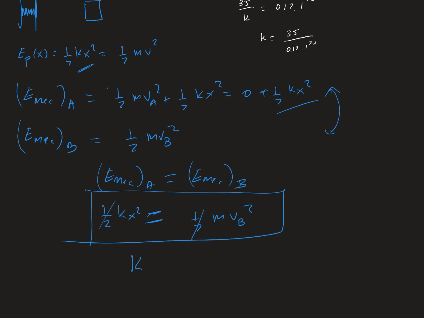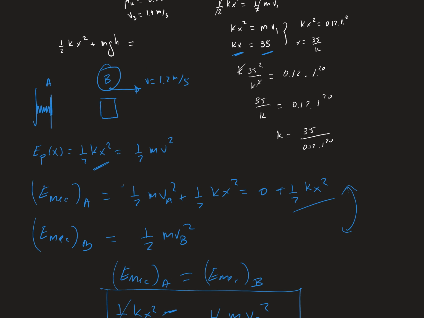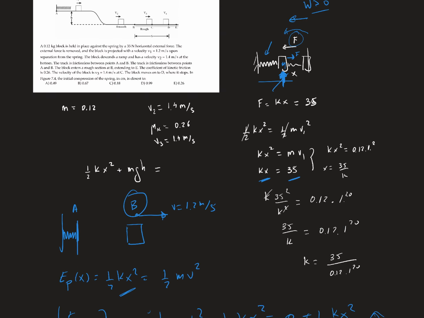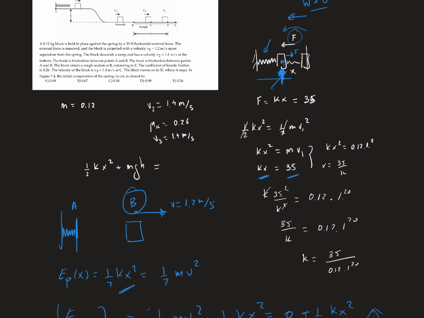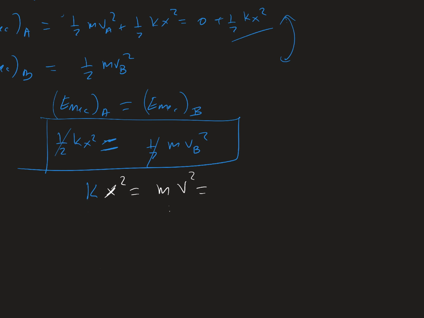One equation says kx squared equals mv squared, where m is, can you tell me what is m? M is 0.12 and v is 1.2. Yes, 1.2 squared. So kx squared is, Meyer, can you tell me what is 1.2 squared?